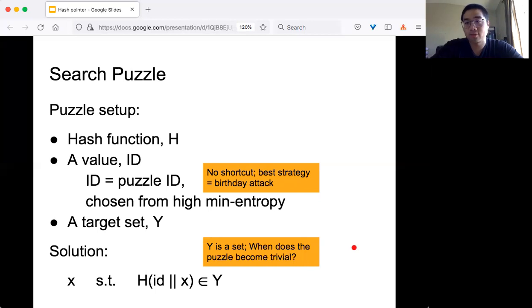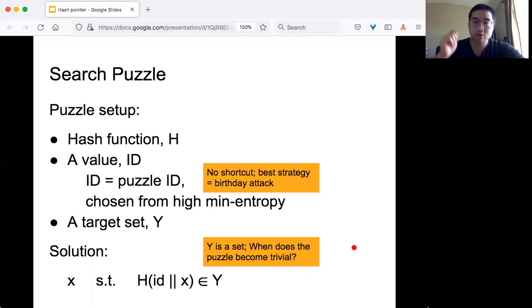Obviously, if Y is only a single value, then it's very hard to find x. Then, as an exercise: when does this puzzle become trivial, meaning that any value of x is a solution? If you can solve this exercise, then you will understand how Bitcoin adjusts the mining difficulty.